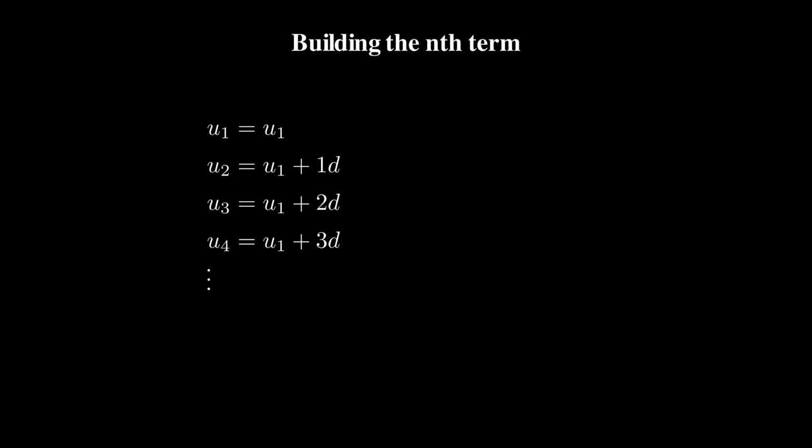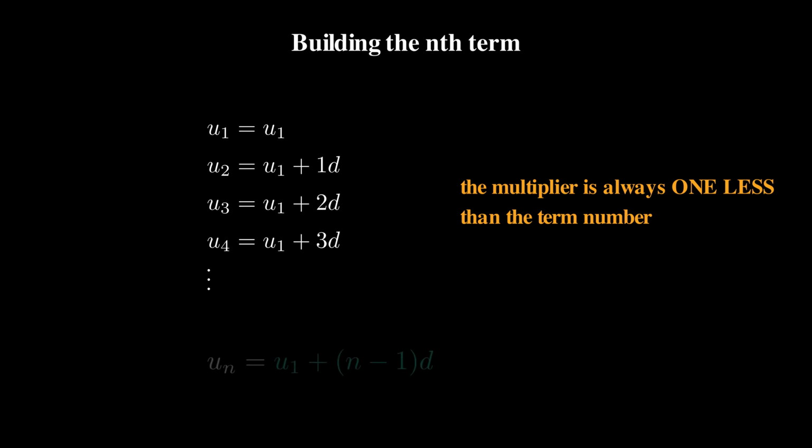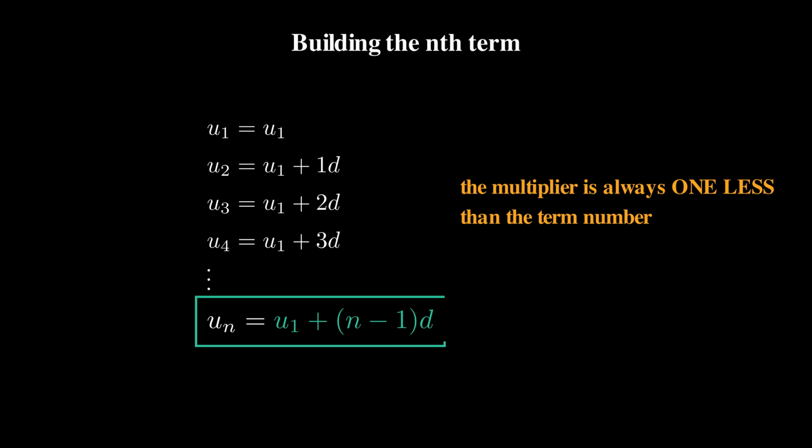See the pattern. To get to term number n, you take that many steps minus 1, because the very first term took no steps at all. So the nth term is u1 plus n minus 1 times d. That n minus 1, not n, is the single most common slip in the whole topic. We'll come back to it.